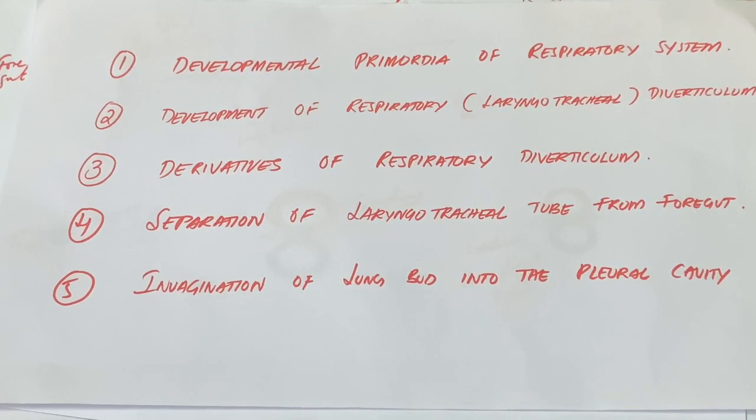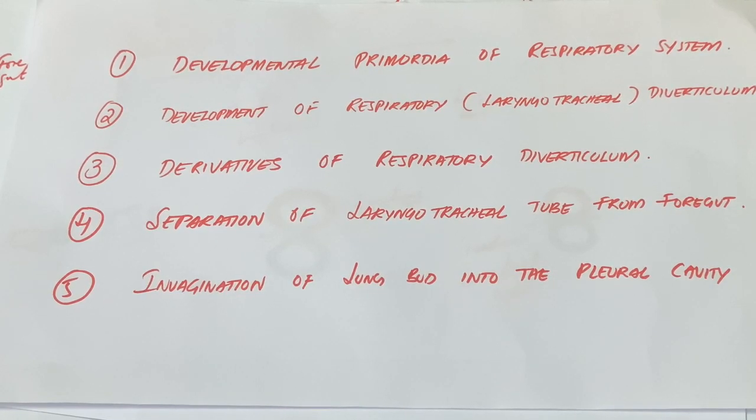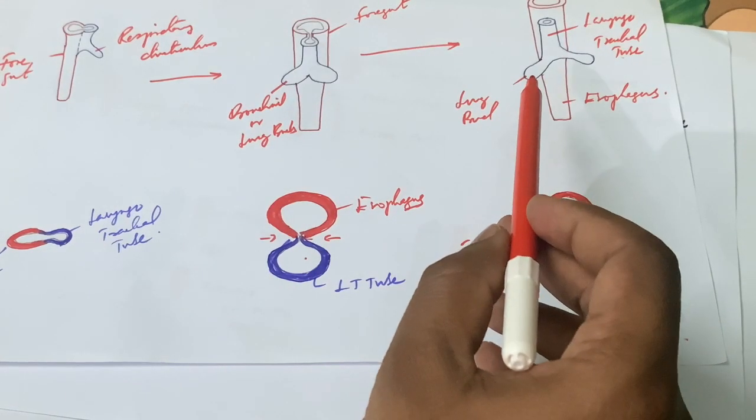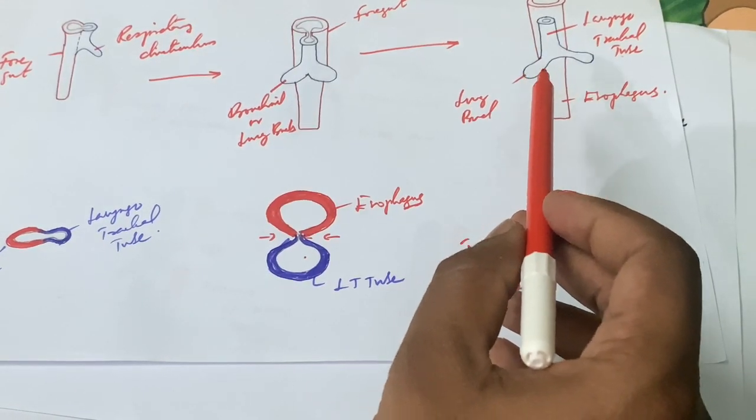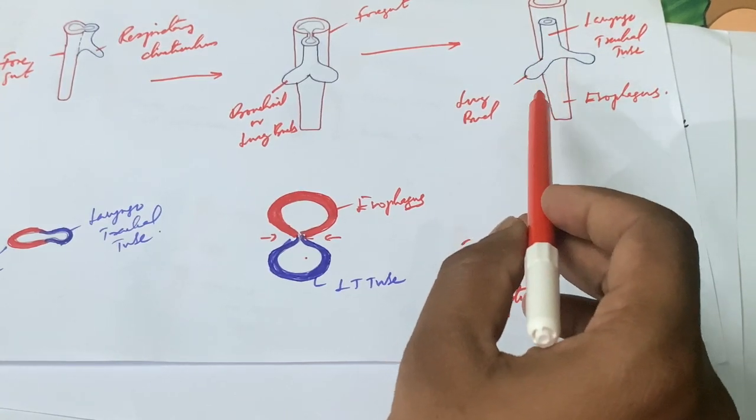Now each lung bud invaginates into the pericardio-peritoneal canal. As soon as they enter the thoracic cavity, they invaginate into the pericardio-peritoneal canal.